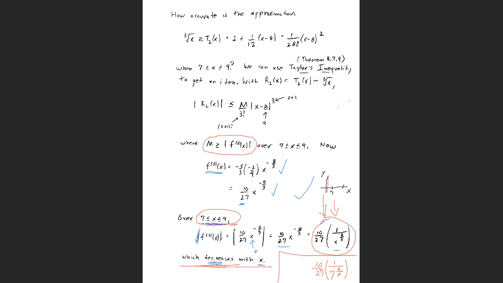Kind of drawing this quickly. And you have some decreasing function. Well, the function would take its highest value at x equals 7. And so that's why we put 7 in here, and that's going to determine what your M value is. M will equal 10/27 times 1 over 7 to the 8/3 power.